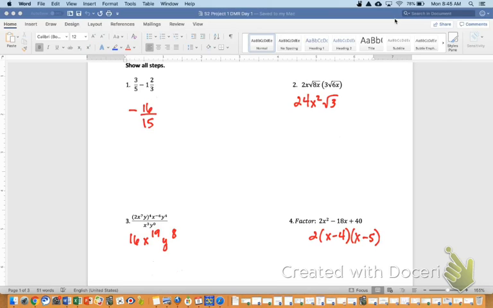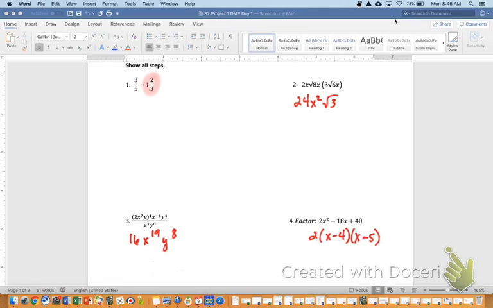Okay, y'all saw the answers there. A lot of folks said they wanted to look at numbers 1 and 2. So here's number 1. Did you guys notice that this second fraction is not in the form that we like? It's a mixed number, right?